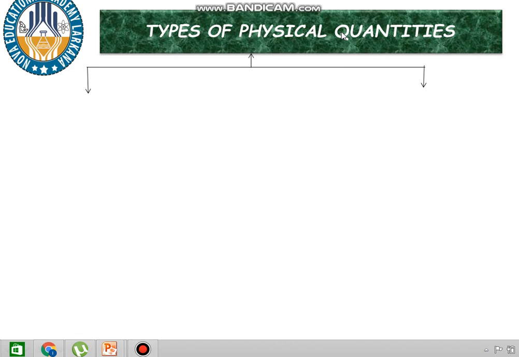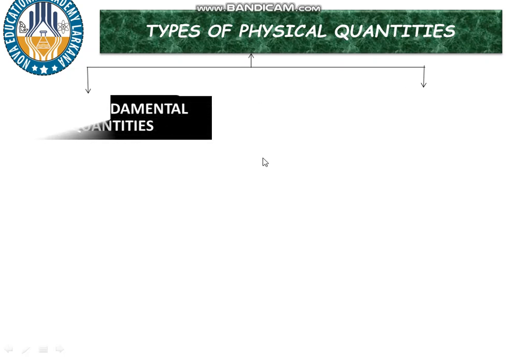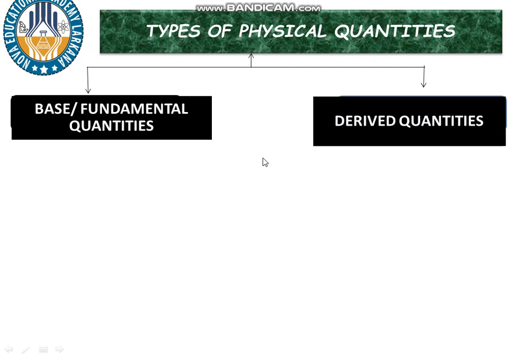So these quantities are used to describe the laws of physics. Scientists have made physical quantities into two groups for convenience. One is base or fundamental quantities, and number two is derived quantities.